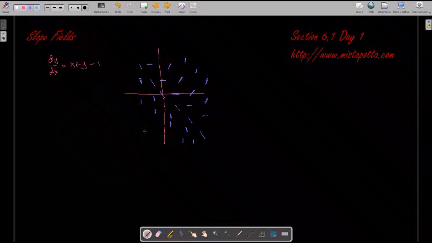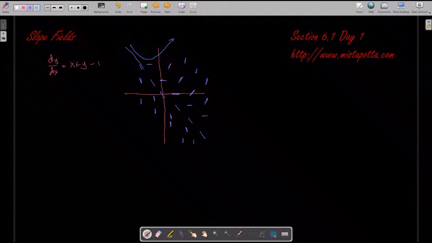And I notice that I have several different solutions. It looks like I'm going to have a horizontal tangent and then stuff shooting up, or I can come down a little bit more to a horizontal tangent and shooting up, or on this side of the line, I notice that they tend to go towards negative infinity.